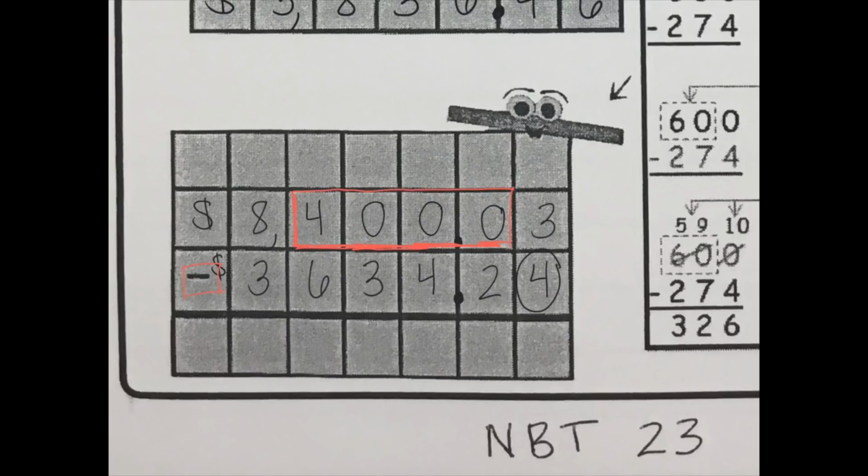Okay, now let's start regrouping. I'm going to cross off one number at a time. I'm going to cross out the 4. I'm taking 10 away from the 4, so I'm going to change it to a 3. All of my zeros that are inside the box are going to change to 9s. So I'm going to cross out this 0, make it a 9, cross out this 0, make it a 9, cross out this 0, and make it a 9.